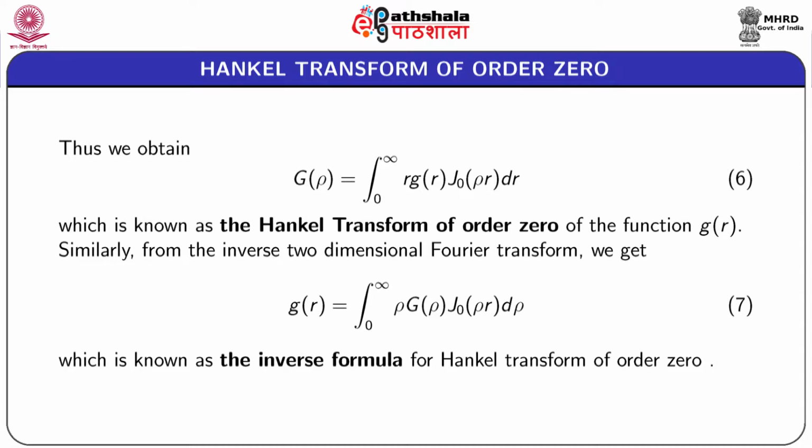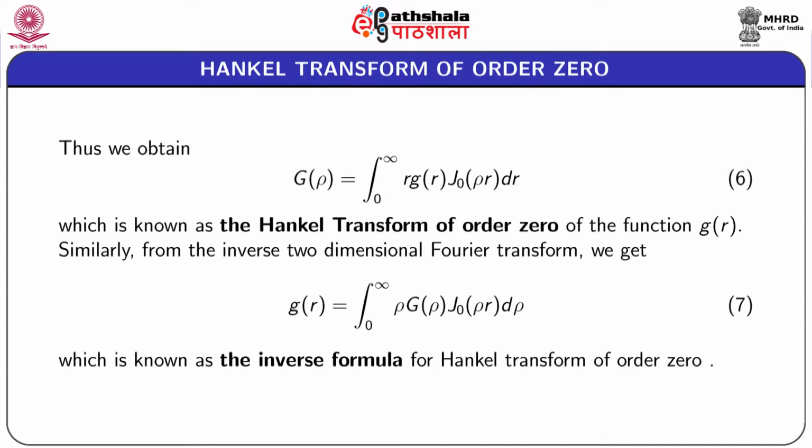Similarly, from the inverse two-dimensional Fourier transform we can derive small g r equal to integral from 0 to infinity rho g rho J0 rho r d rho as given in equation 7.